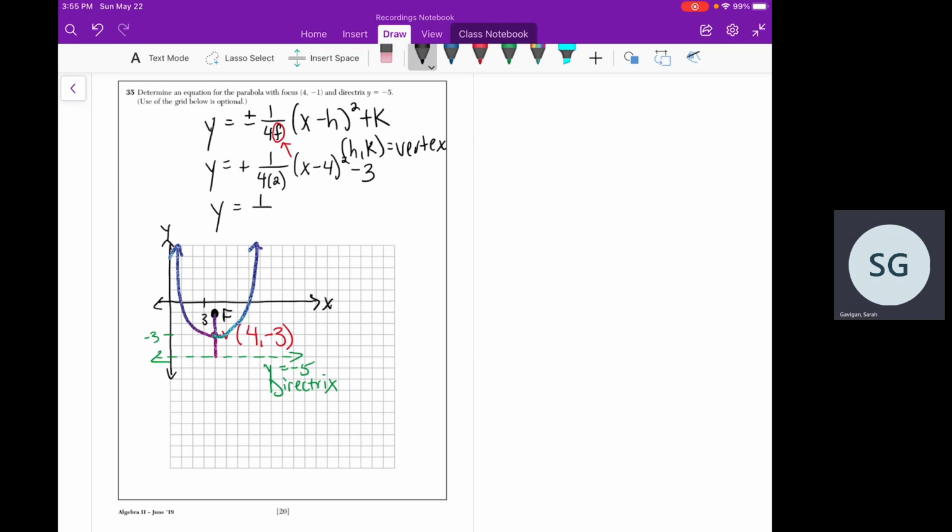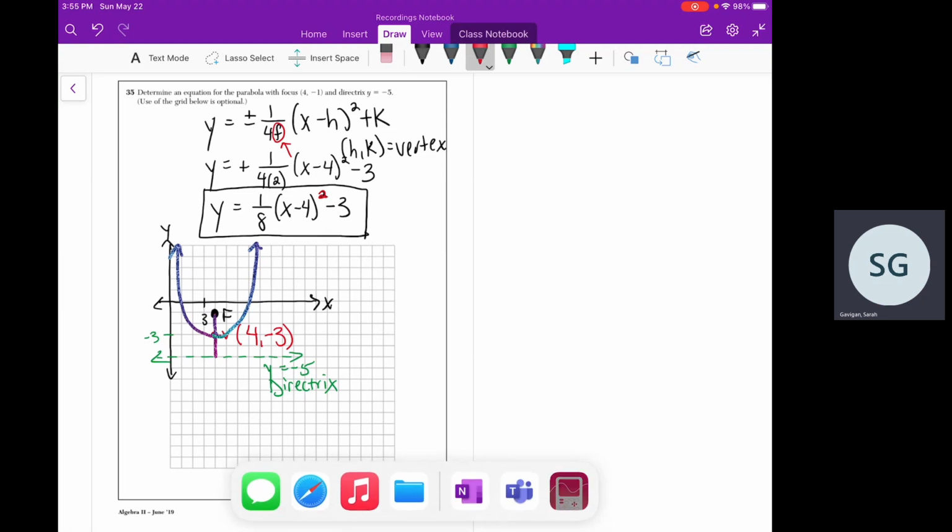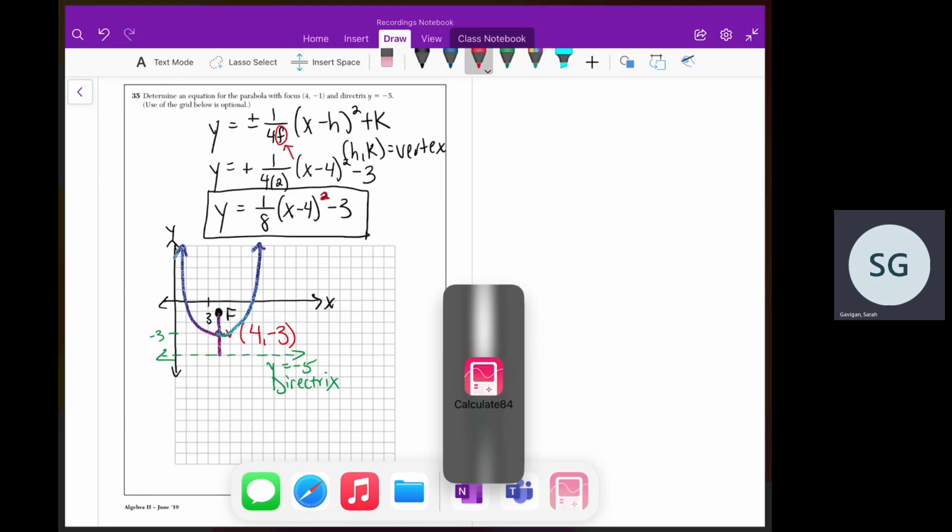So I'm going to say y equals 1 over 8 times (x minus 4) squared minus 3. What I did notice throughout the year is that if you got close to this formula, some of you would forget to put the squared here to make sure that this is the formula that creates that parabola and we get the full 4 points here.